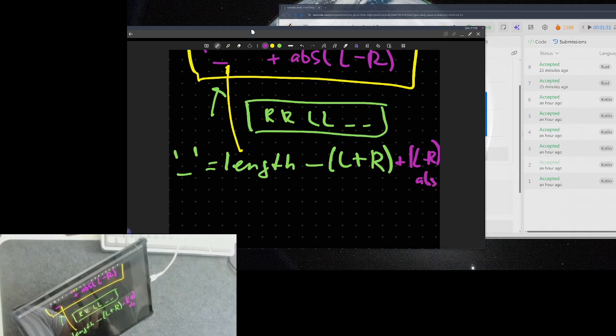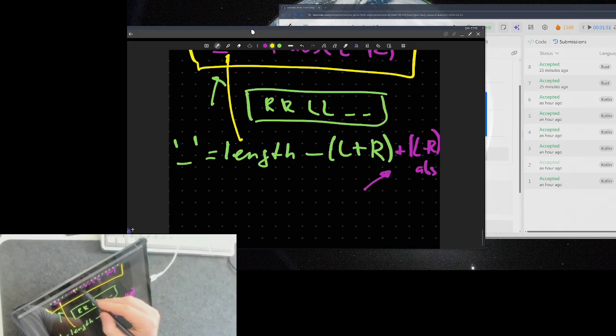So now we can expand this mathematically or geometrically. Let's try with geometry. The first is the total length, and this is L plus R. Let's take yellow as L and green as R. Let's make green a little bit bigger, for example.